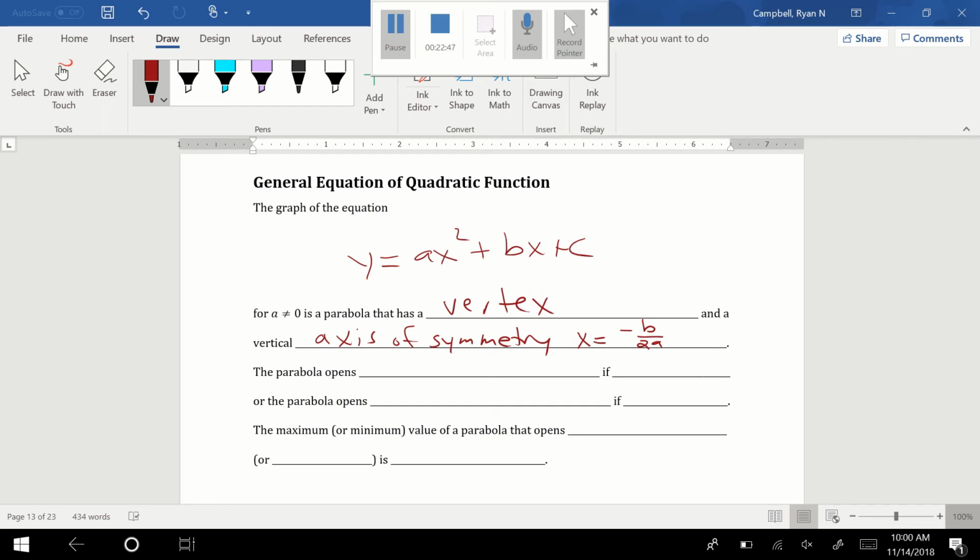So we're going to have a vertical axis of symmetry at x equals negative b over 2a, which might look familiar. That's actually the first part of our quadratic formula. So for the vertex, the x value is going to be at negative b over 2a, comma, and then you just plug it in, f of negative b over 2a.